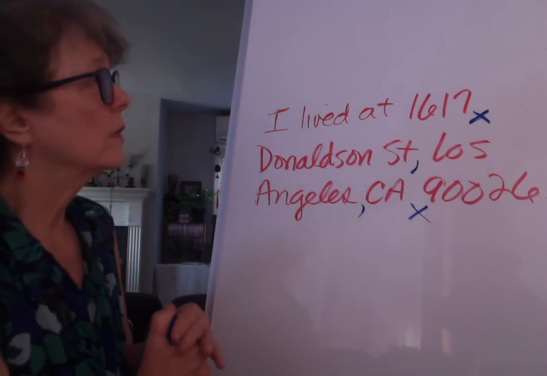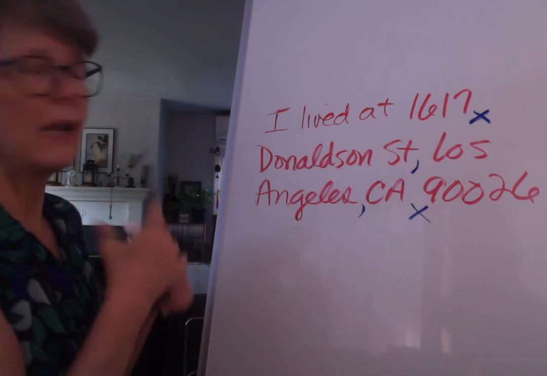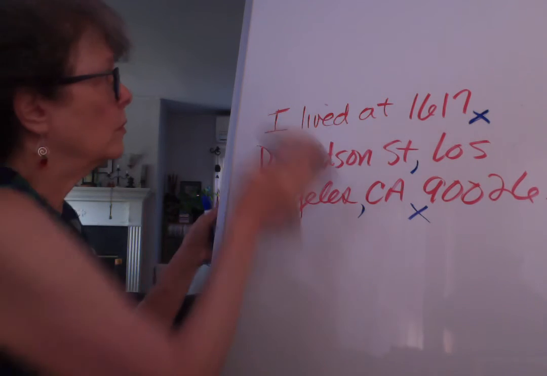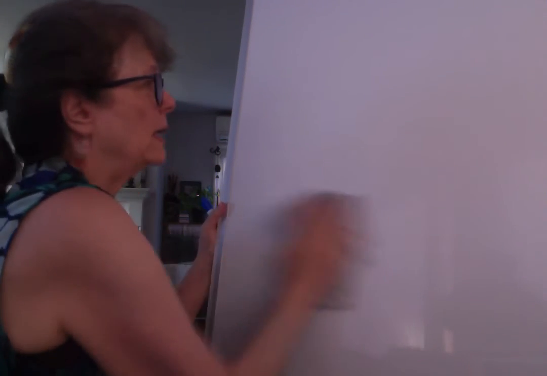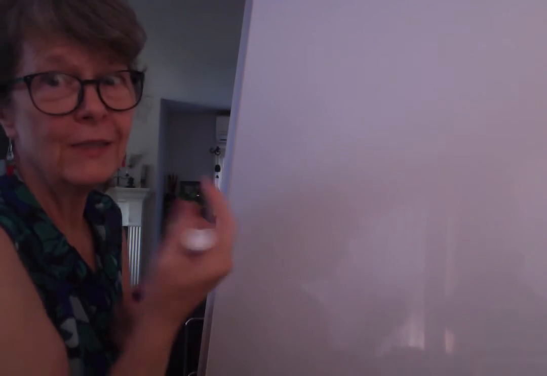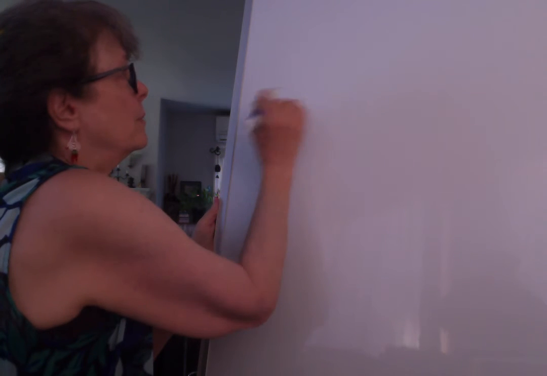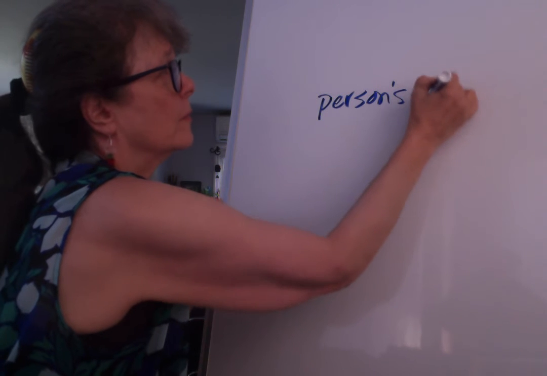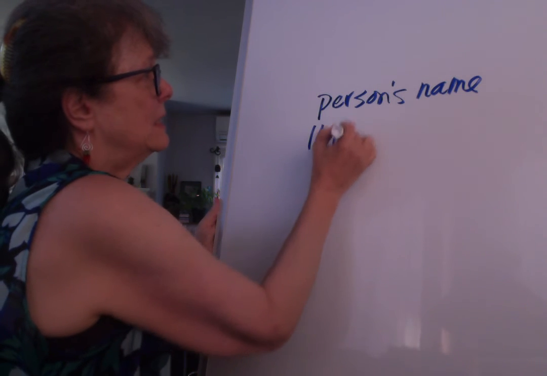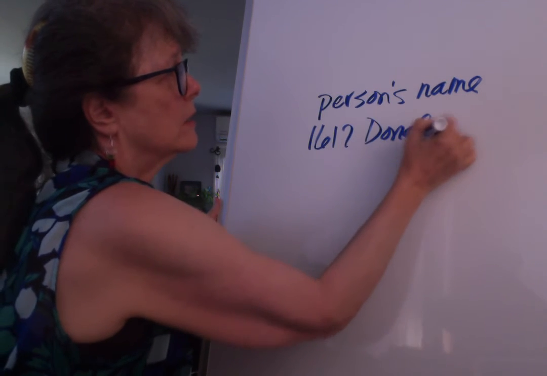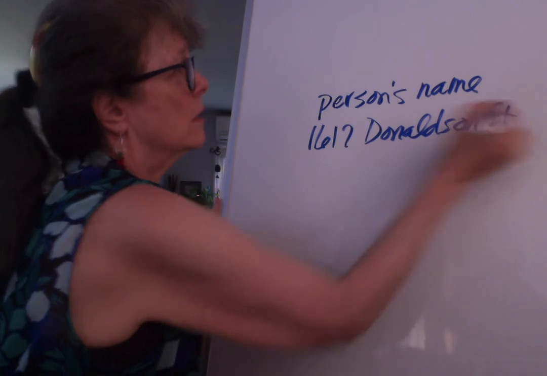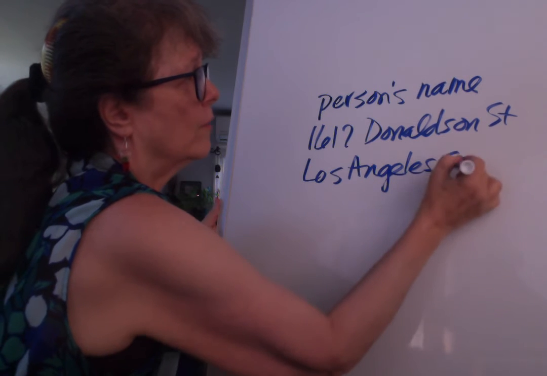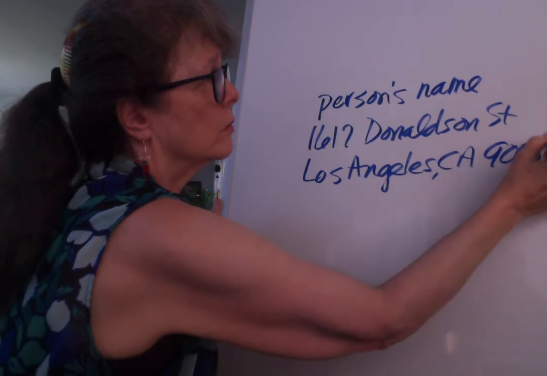Think about it like this. If you were writing this address on an envelope, we may or may not know, because we don't write letters anymore, it would be the person's name, 1617 Donaldson Street, Los Angeles, California, 90026.